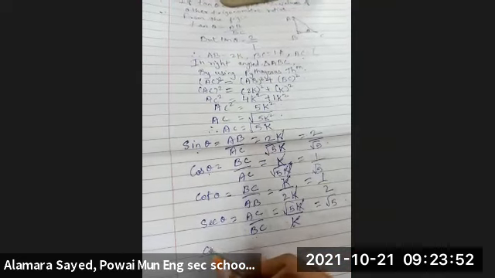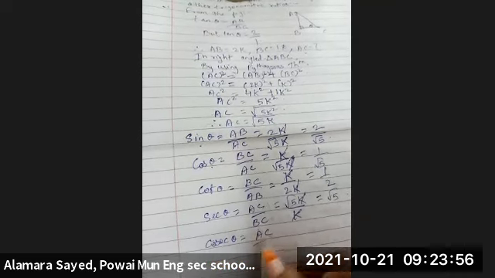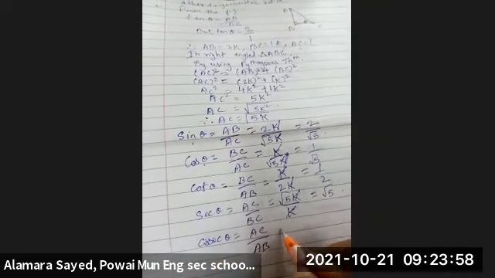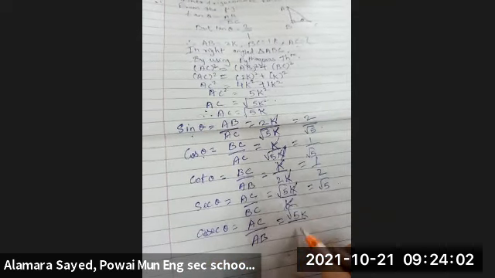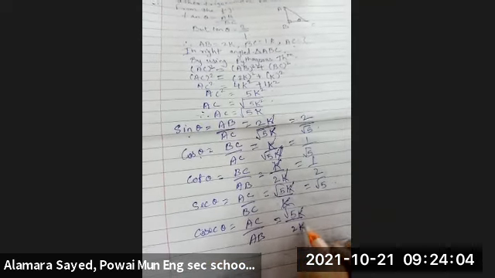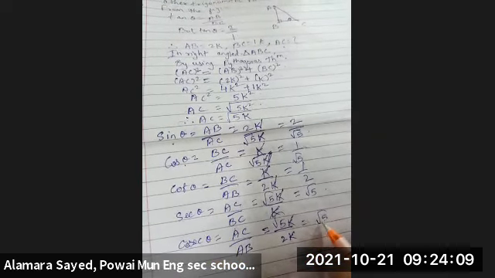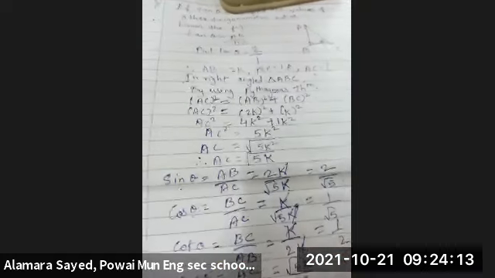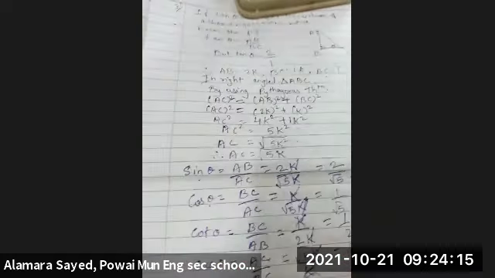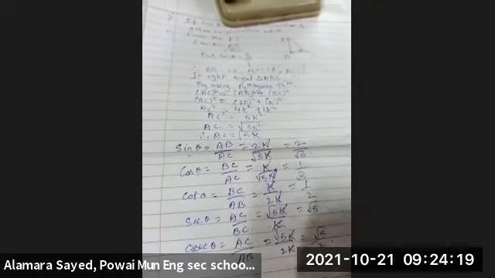And cosec theta is equal to AC upon AB, which will be equal to root 5K upon 2K, will be root 5 upon 2. So in this way, you can solve this question by using the triangle method.